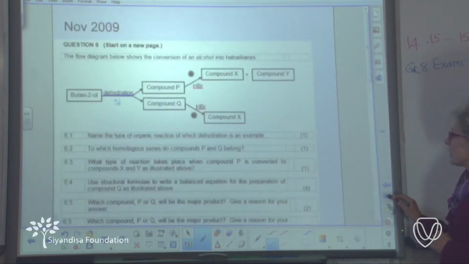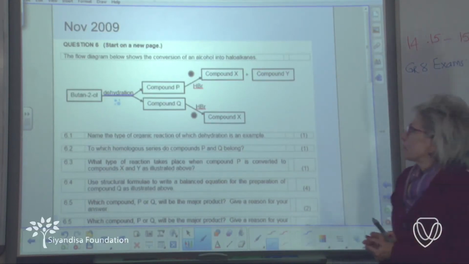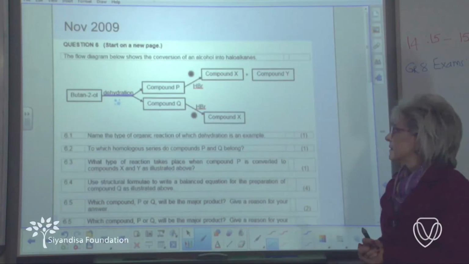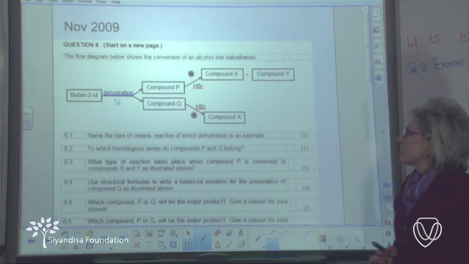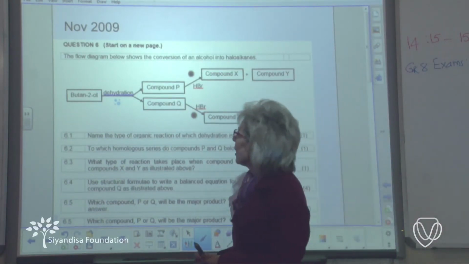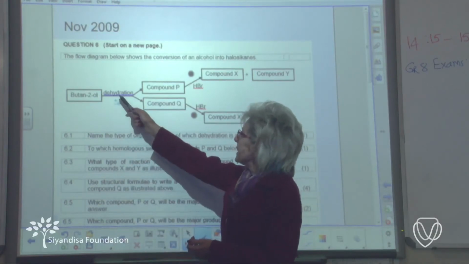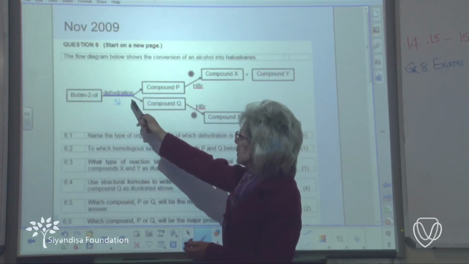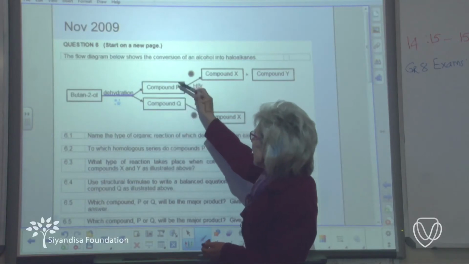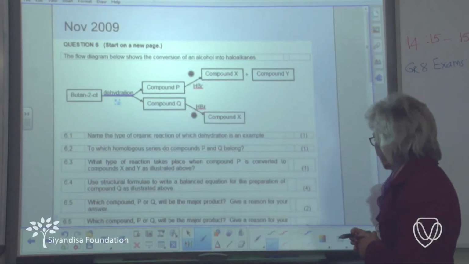That is the same question. So here we are on a question that was asked in November 2009. So we've got butane 2-ol. It undergoes dehydration, which means water molecule being removed, and two compounds are being formed.